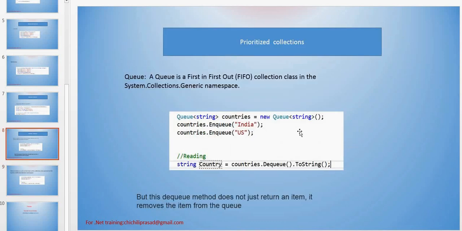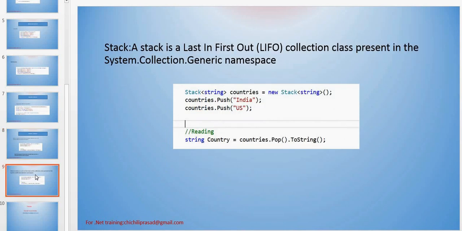This is how you add an item into the queue by using the enqueue method, and you have to specify the type of your queue, and read it by using dequeue. Whenever you say dequeue, it returns the data and also removes the item from your queue.